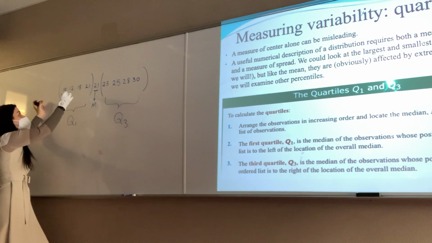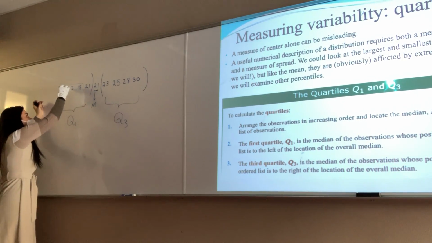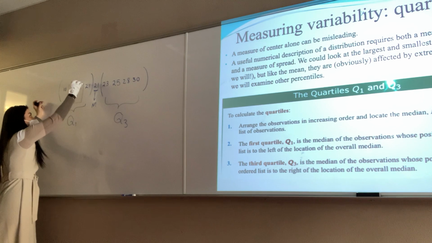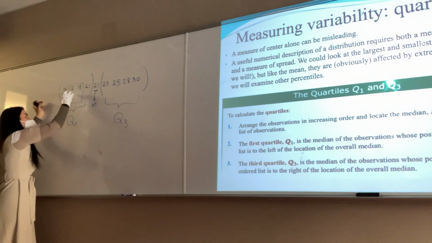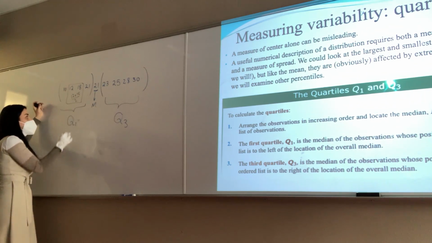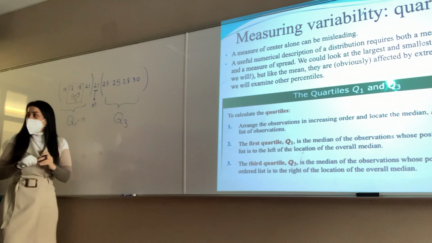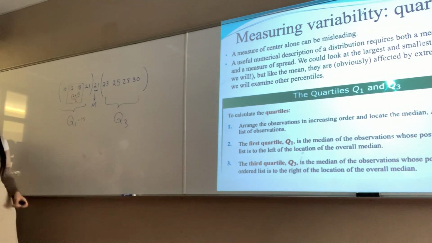I added 12 and 18 together, which would be 30, and divided that by 2. So why did you do that? Because these two are the center points. Good, very good. And then you said Q1 is 15. Very good. Correct? Do you get it?